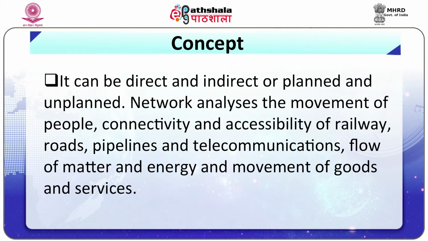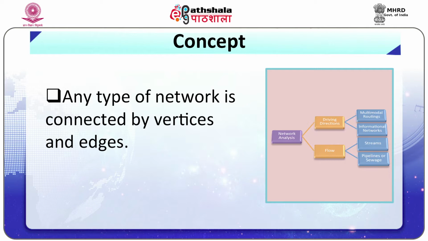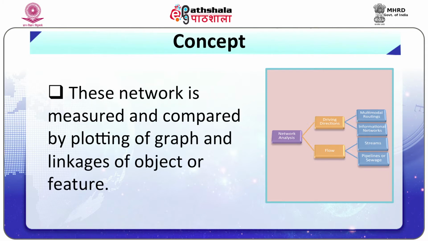It can be direct and indirect or planned and unplanned. Network analysis covers the movement of people, connectivity or accessibility of railway, roads, pipelines, telecommunications, flow of matter, energy and movement of goods and services. So, any type of network is connected by vertices and edges, and this network is measured and compared by plotting of graph and linkages of objects or features.